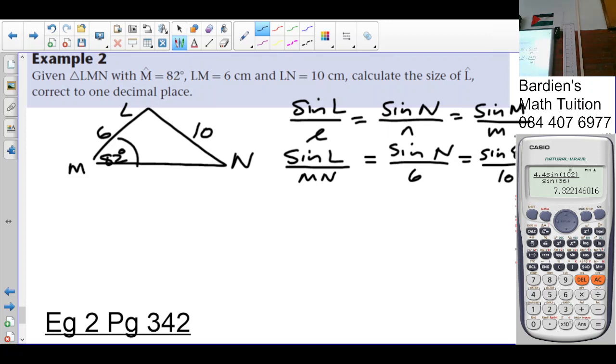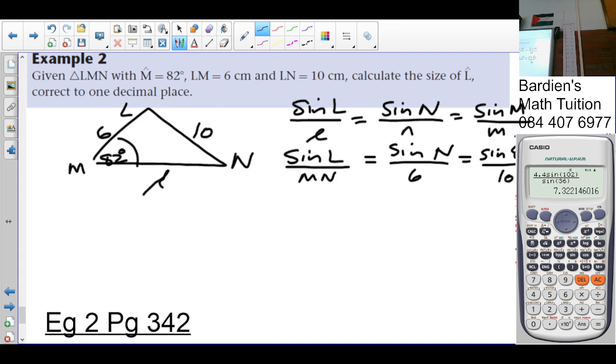So the question is to calculate angle L. But can I calculate L as it stands here? No, because I'm shorting lowercase l. Lowercase l is also known as LN. Why did I write MN? No, it is MN. Sorry, this is LN. No?